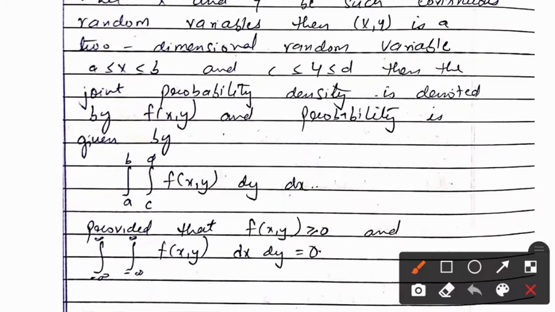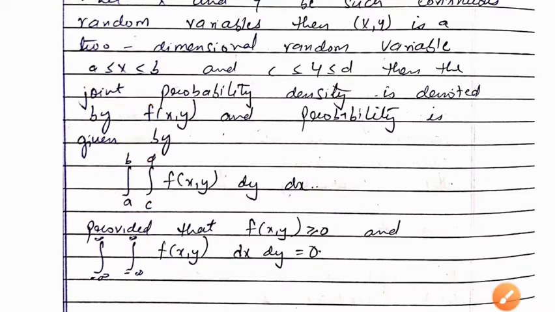For a ≤ x ≤ b and c ≤ y ≤ d, the joint probability density is denoted by f(x, y) and probability is given by the double integration from a to b and c to d of f(x, y) dy dx, provided that f(x, y) must be greater than or equal to 0 and the double integration from minus infinity to plus infinity of f(x, y) dx dy equals 1.